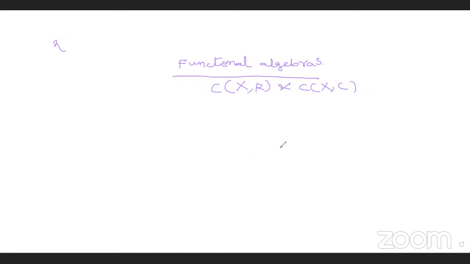suppose you have V is a vector space. We know how do you define a vector space. All of you remember? F is a field. V is any non-empty set.